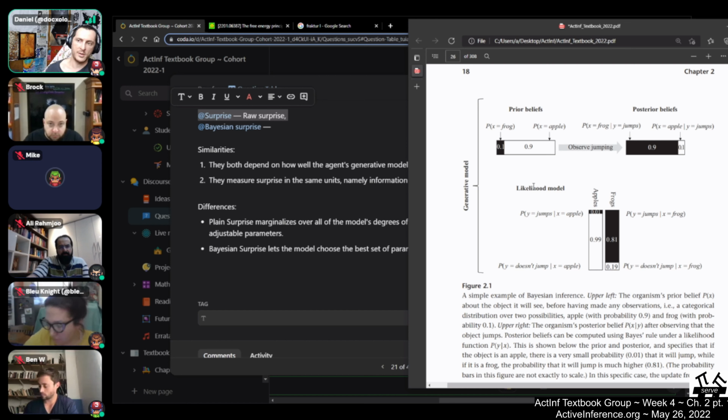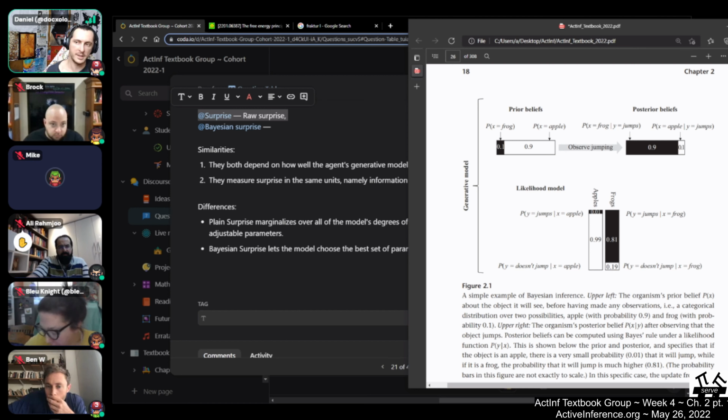So in this case, one can calculate the surprise of the observation without doing any updating at all. One could just stay fixed in their prior belief and then describe how surprised they are, in nats, by a given observation.